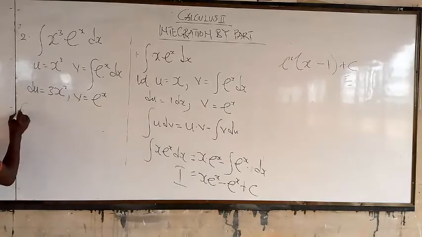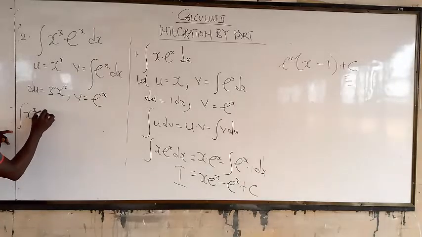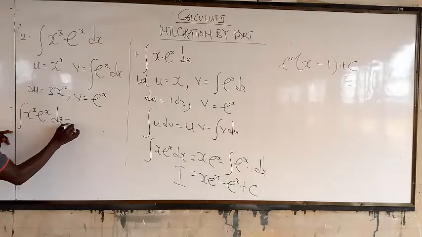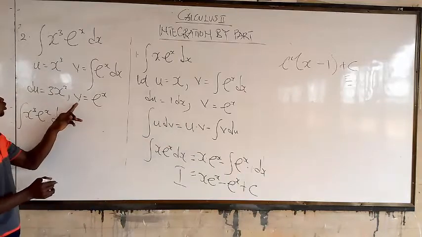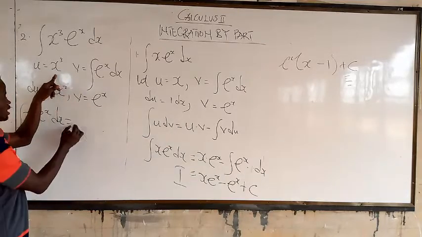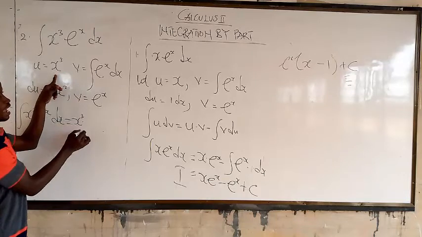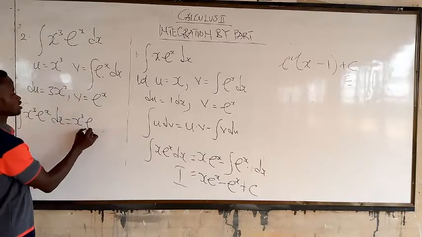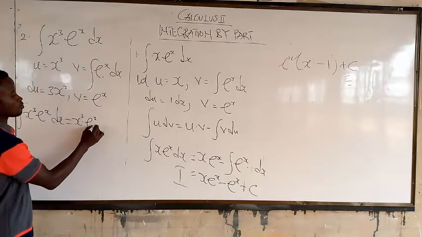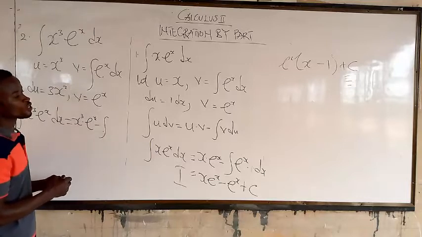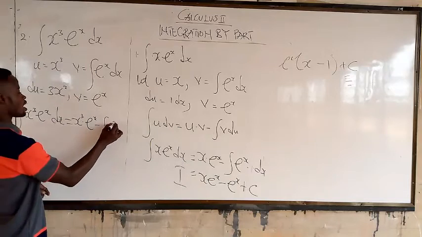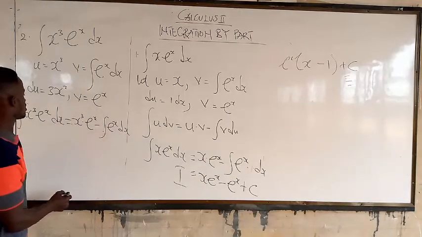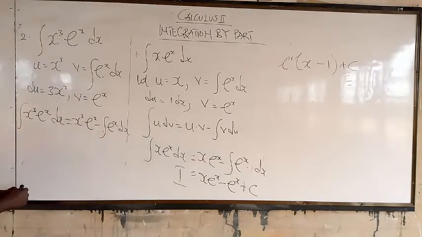Therefore, the integral of s to the power 3 e raised to the power s ds is going to be equal to uv. Which is u? u is here, s to the power 3, times v, which is e raised to the power s, minus the integral of v, and the v is e raised to the power s, du. I hope you can see that.